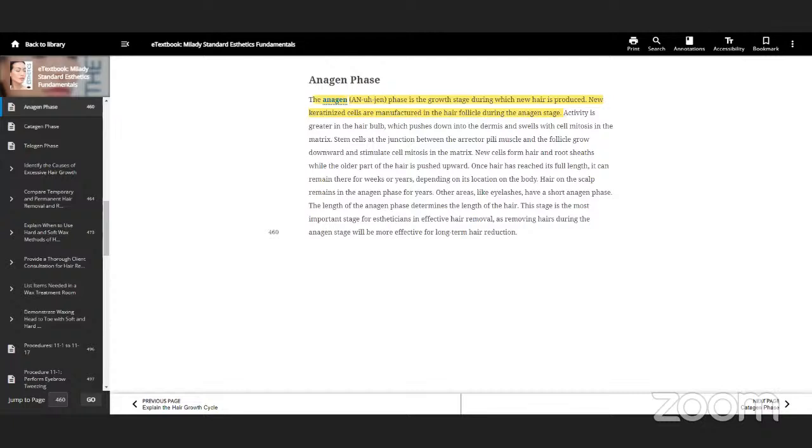Letting it grow out for a longer period of time gives us enough that we can remove. And if a person can pass and it doesn't bother them, it should be okay. But 6 months is very drastic if they're used to getting hair removal.